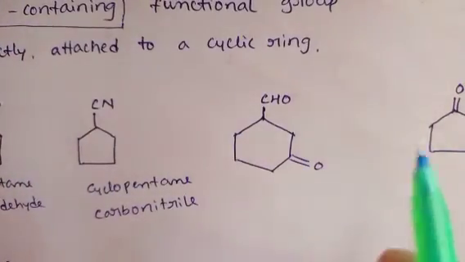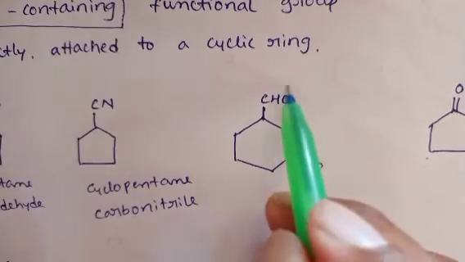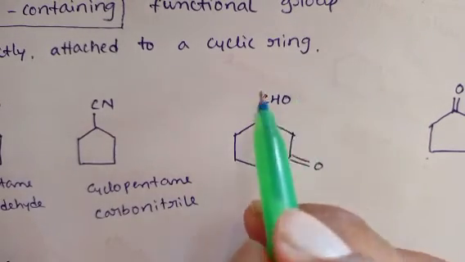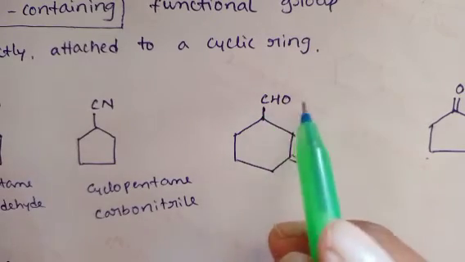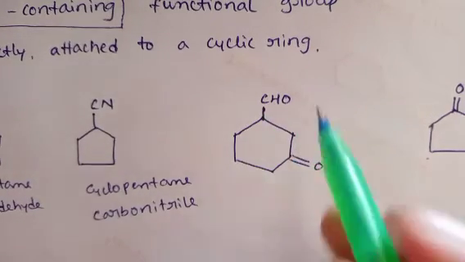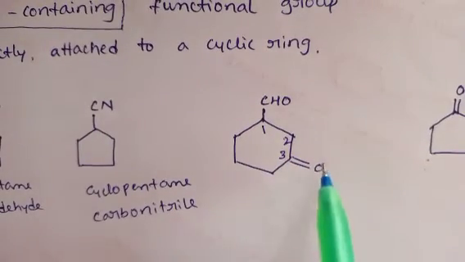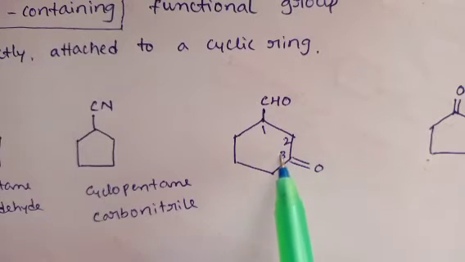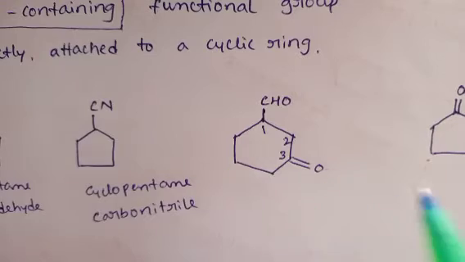Next, third one. This compound contains two functional groups. One is C double bond O, another one is CHO. But in the priority order, CHO comes first. So based on this, you have to give the numbering, 1, 2, 3. So this functional group acts as a substituent. And what is the prefix name of C double bond O? Simply oxo.